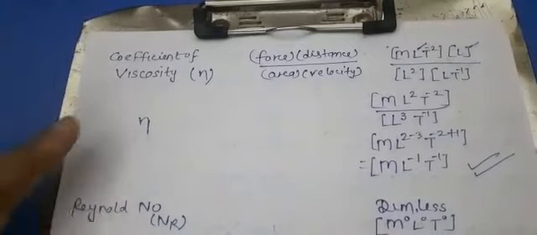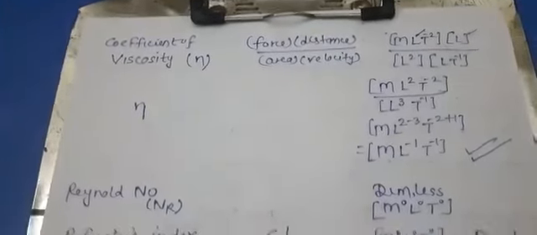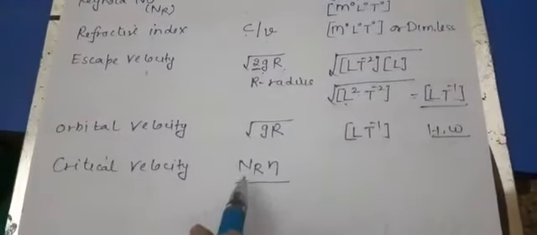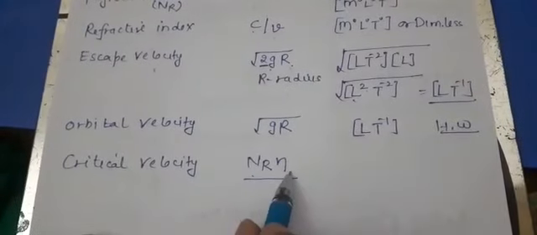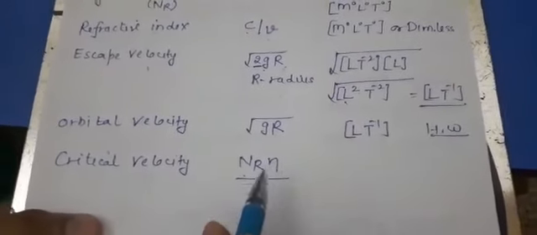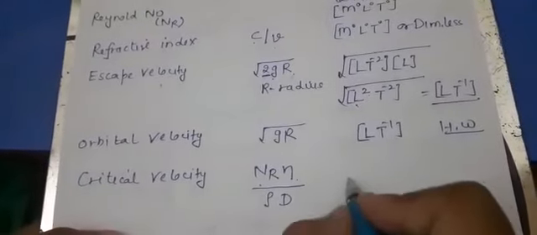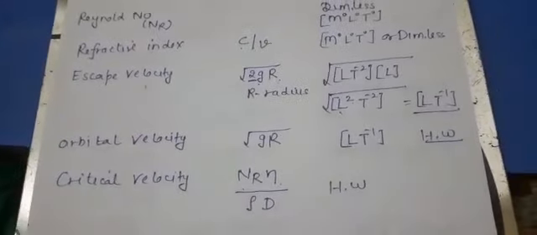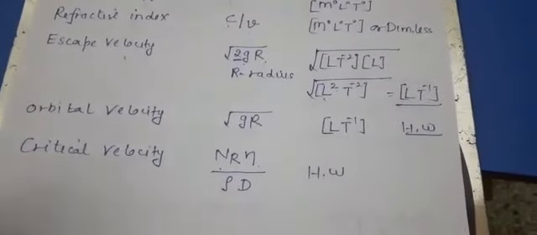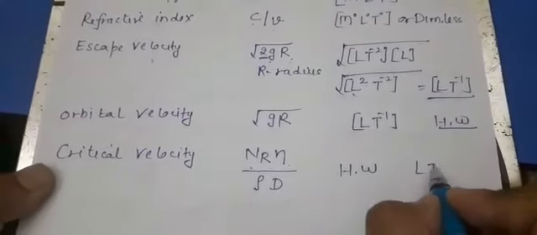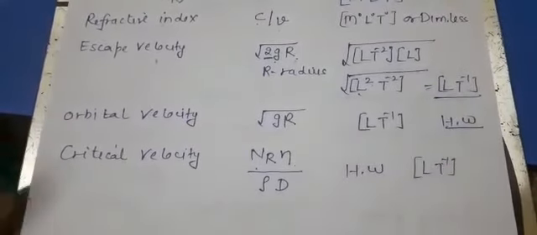So this is the eta symbol for coefficient of viscosity. So here critical velocity is Reynolds number multiplied by coefficient of viscosity divided by density into diameter. This is also homework for you. Solve it, that will come out to be LT^-1.